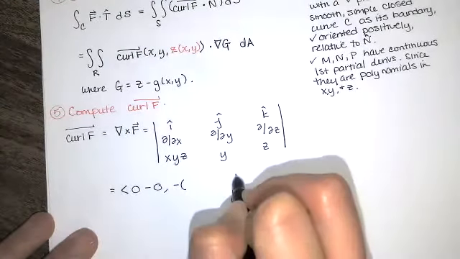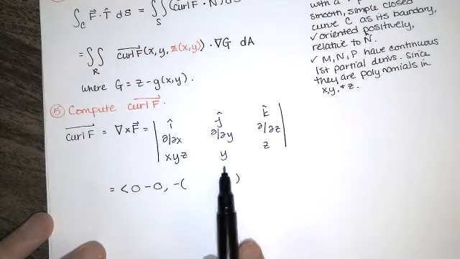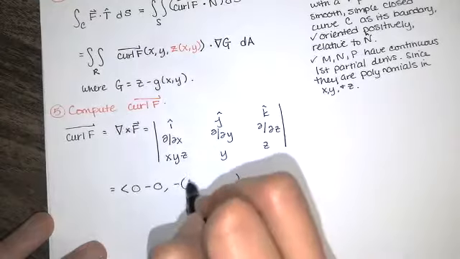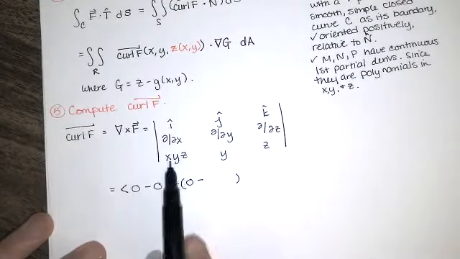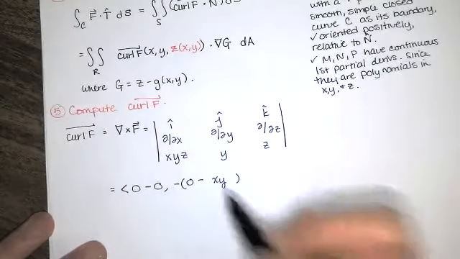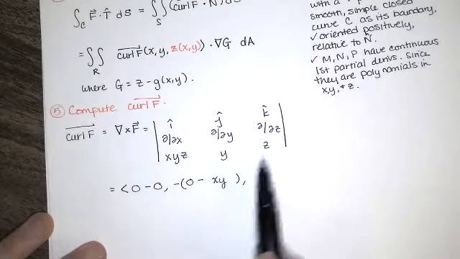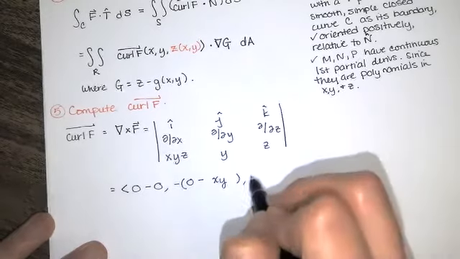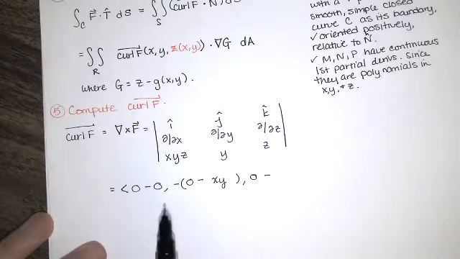That's easy. And cross out the row and column containing j hat. We have the partial of z with respect to x, which is 0, minus the partial of xyz with respect to z. So that's a constant times z, so we just get our constant back. And then cross out the row and column containing k hat. And then we take the partial of y with respect to x, which is 0, and we subtract the partial of xyz with respect to y.